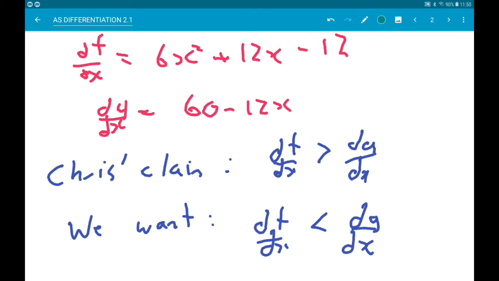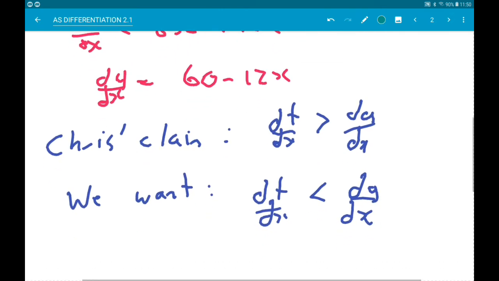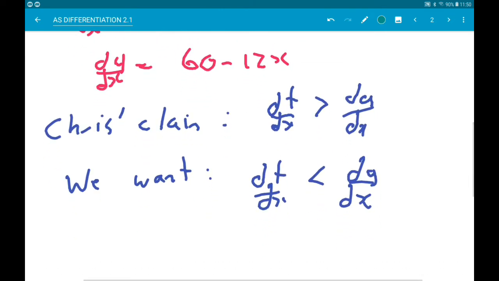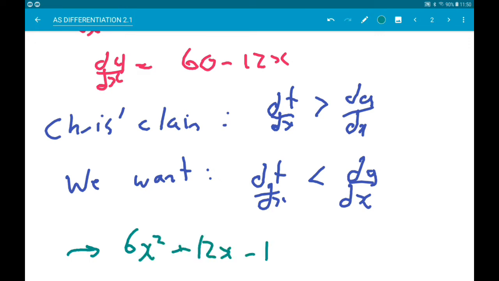So we want 6x squared add 12x minus 12 to be less than 60 minus 12x.